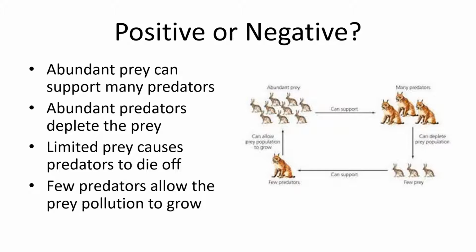And if there are few predators, the prey population can increase again, which means it can support many predators, which means that the predators deplete the prey, and onwards in a cycle. So what is that? Positive or negative? It's negative. Good job.